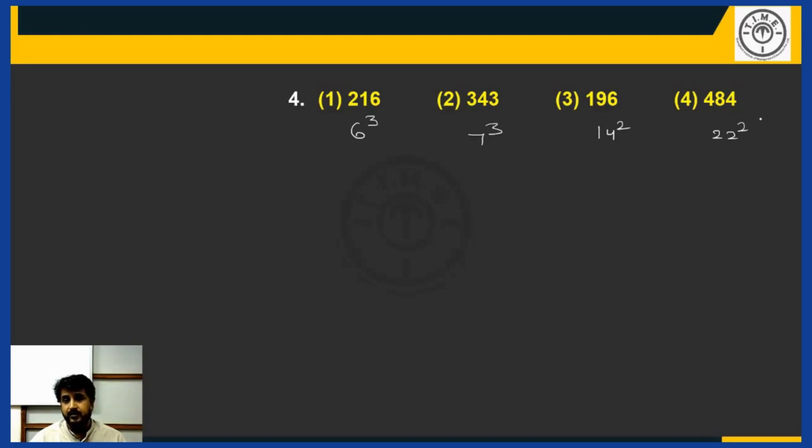So definitely the logic will not be squares and cubes. But if you observe more closely, 216, 196, 484 are even numbers, whereas 343 is an odd number. So which is odd, we know? Choice 2.